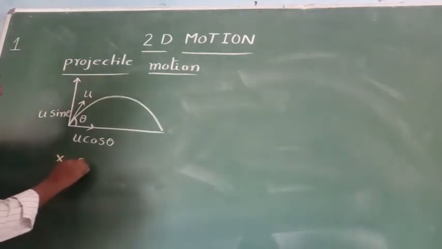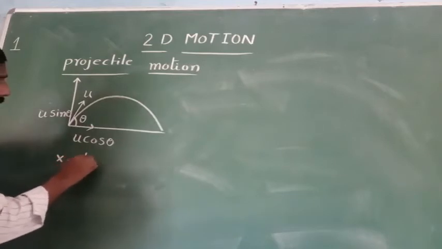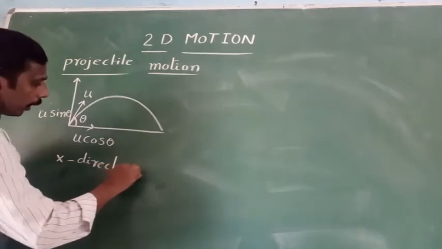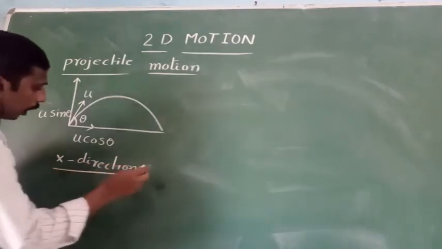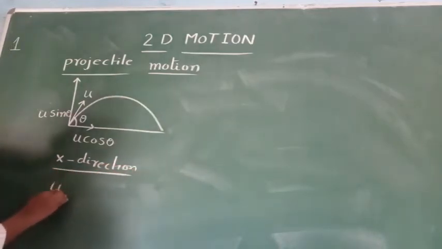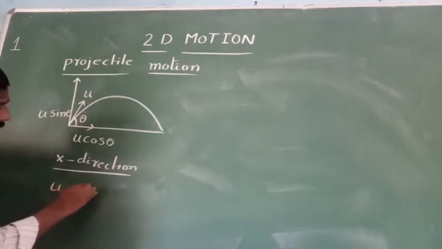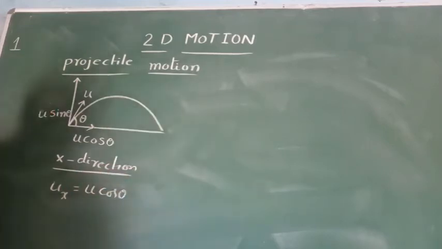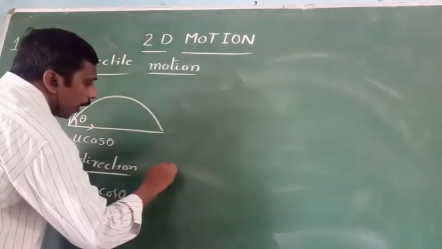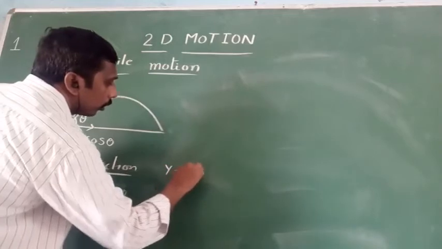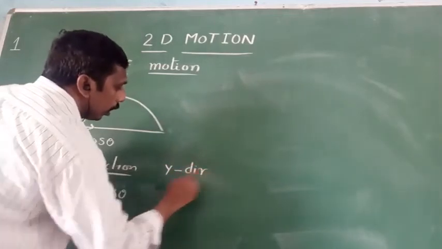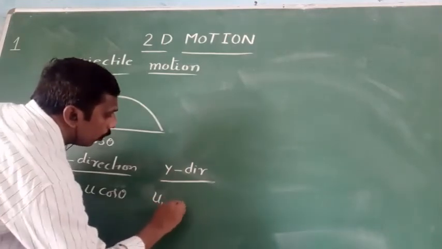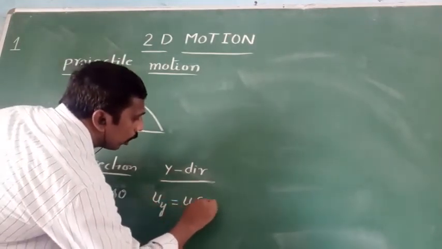Along the x direction, initial velocity ux is equal to u cos theta, and along the y direction, initial velocity uy is equal to u sin theta.